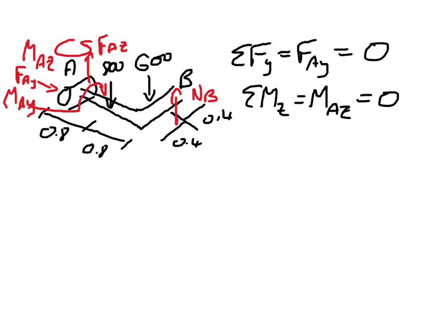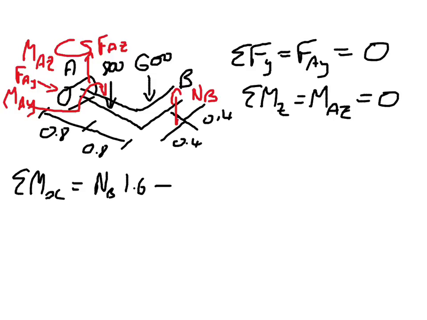We can do the sum of the moments about the X-axis. We've got our normal force at B, acting 1.6 metres perpendicularly from the X-axis, and that's going to try and turn it anti-clockwise, so it's positive.